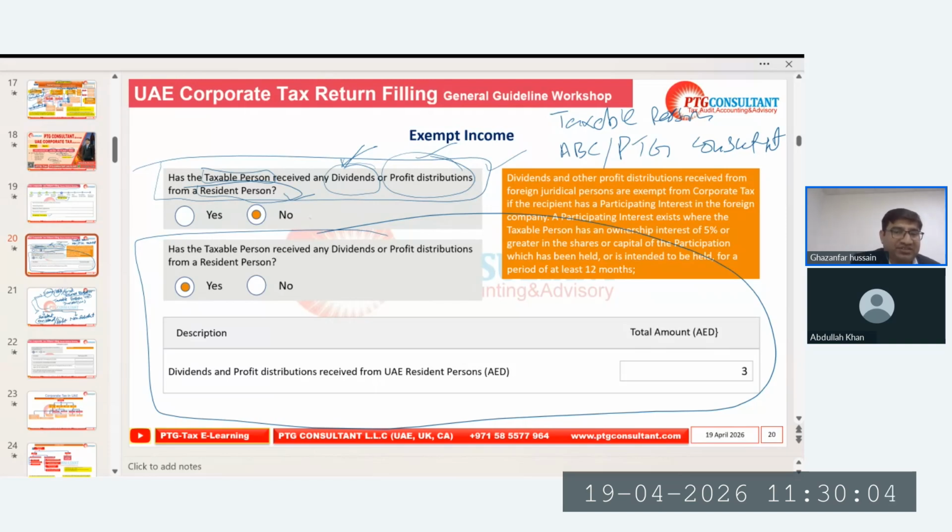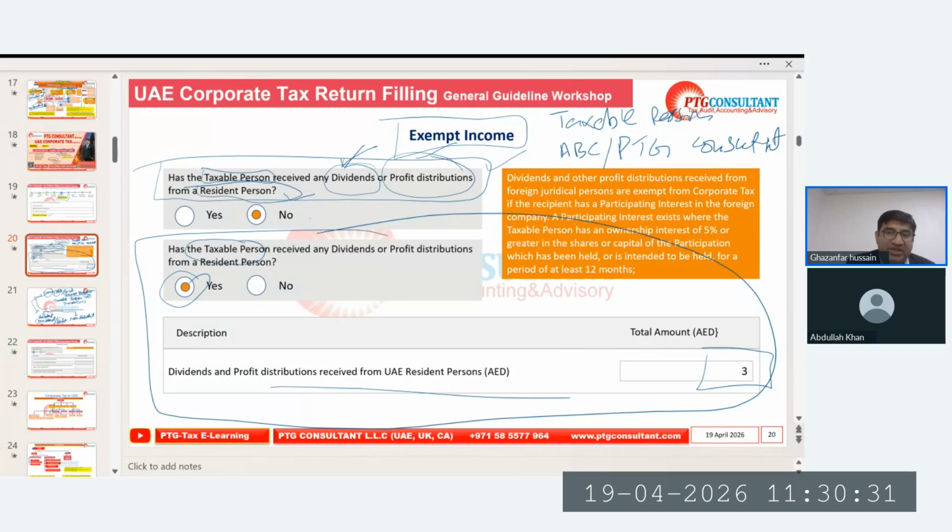If we say yes, the taxable person receives the dividend and profit distribution, then it will ask: give us the income, how much you received from the UAE company. Why are they asking? Because this would be under exempt income. We are discussing the deductible. From your income, the total income includes the exempt income.